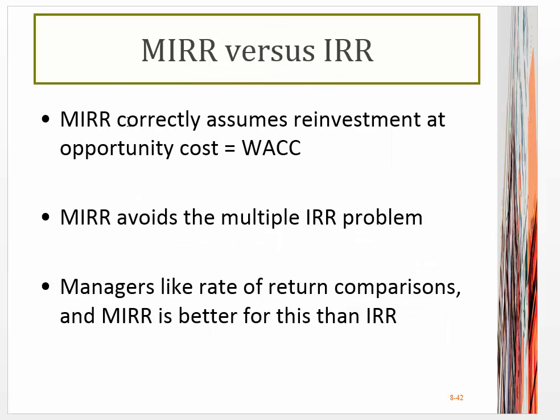So the modified internal rate of return correctly assumes reinvestment at opportunity costs. It avoids multiple IRR issues and problems. Managers like rates of return comparisons, so MIRR is better than the internal rate of return for that reason.